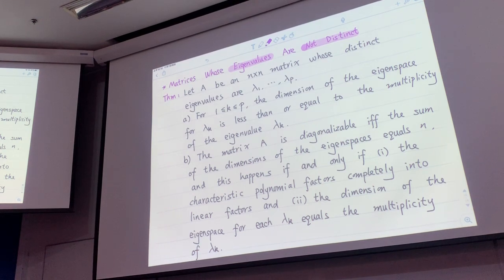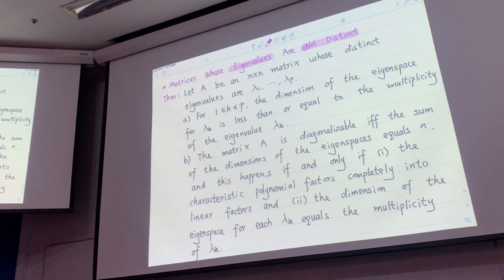Because for a quadratic equation, sometimes we don't have a real solution, for example x squared plus x plus 1 equal to 0. We cannot factorize it into linear terms, right? So we need to make sure that the characteristic equation can be completely factored into linear terms, with multiplicity not mattering.